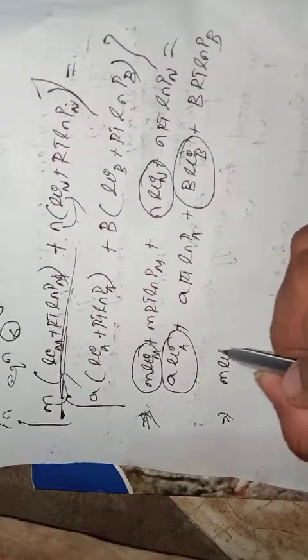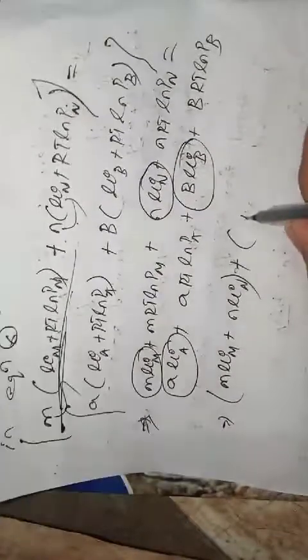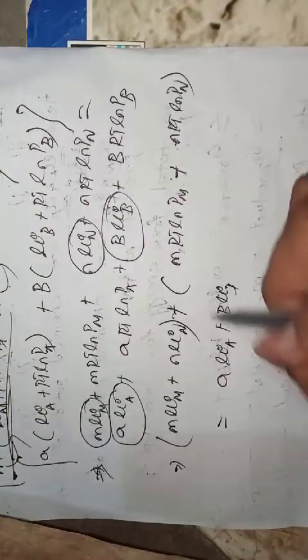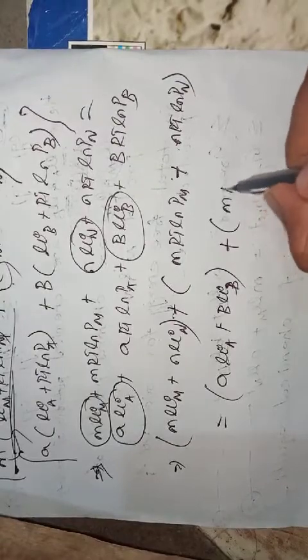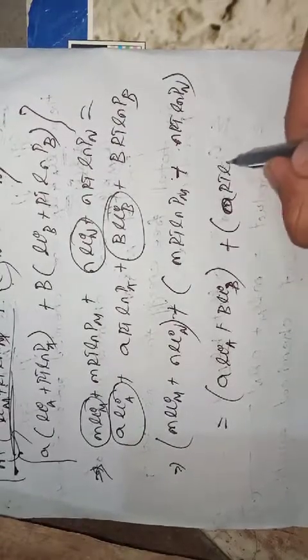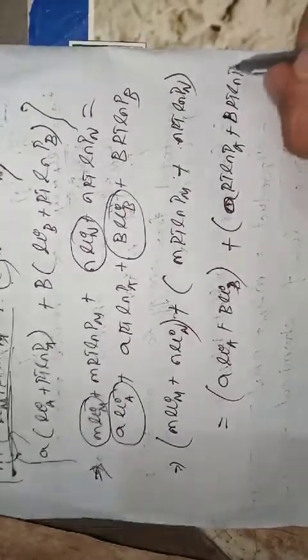This implies that m mu m plus n mu n plus m RT ln PM plus n RT ln Pn is equal to a mu naught a plus b mu naught b plus a RT ln PA plus b RT ln PB.